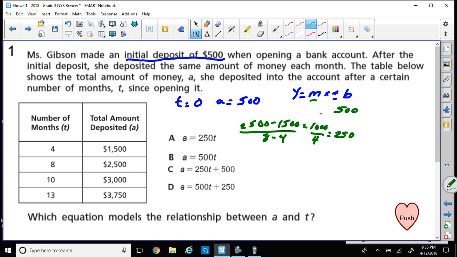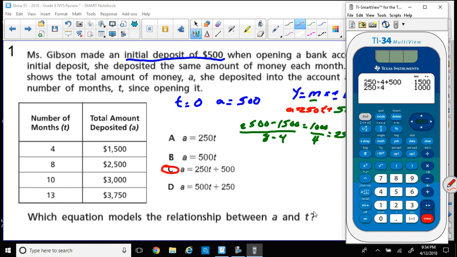So the m would be 250. So we have our slope 250 times the time interval, and that would be plus 500, and that would equal our A, which was our amount. So again, I go with C. That's one way of looking at it. If you want, you can get a calculator and do it also.